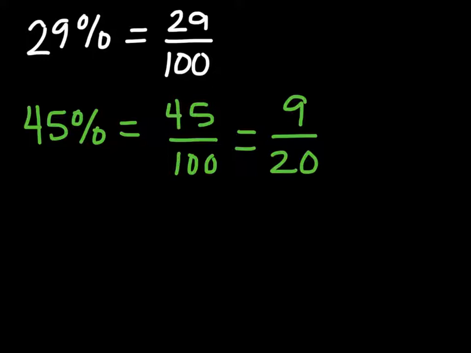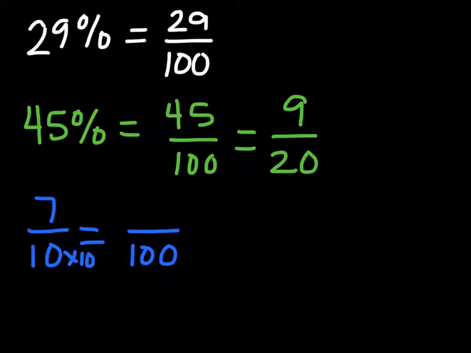Now let's go the other direction. Let's start with a fraction and write that in percent form. The first thing we need to do is convert this fraction to an equivalent fraction that is over 100. In this problem, we can see that we achieve that by multiplying by 10. So we'll also multiply the numerator by 10, giving us 70 over 100, or 70%.